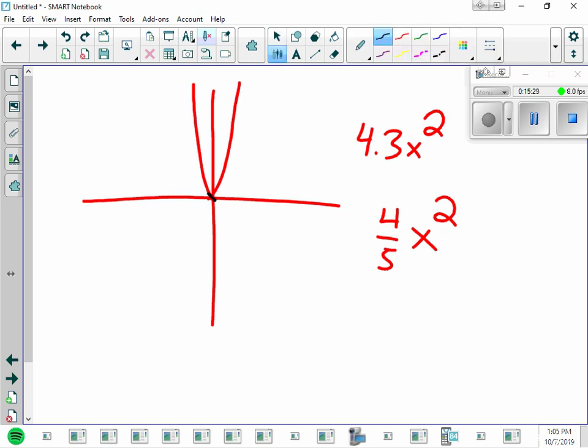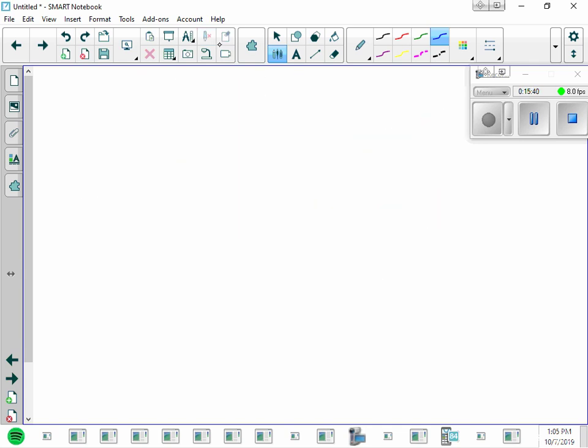So if the regular x squared looked like that, 4/5 x squared would just be a little bit shorter, something like that. Okay. What about negative 9/8 x squared? Upside down. And it's taller, a lot taller? No, just barely taller than normal.